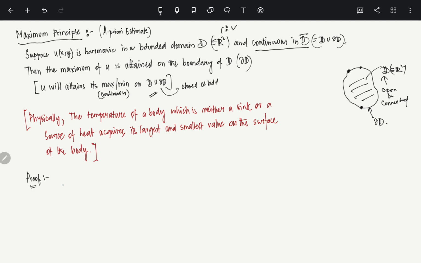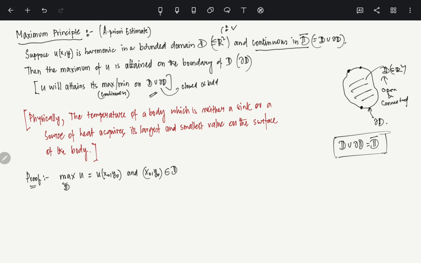So let us suppose that the maximum of u over D union del D, which I will call D bar, is attained at some point, given by u of x naught, y naught, and x naught, y naught is in D. So in the open set, not in the boundary.